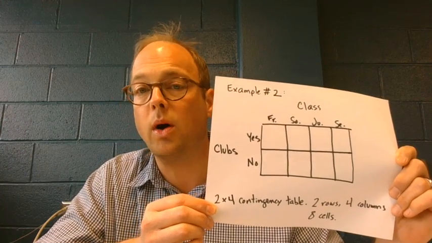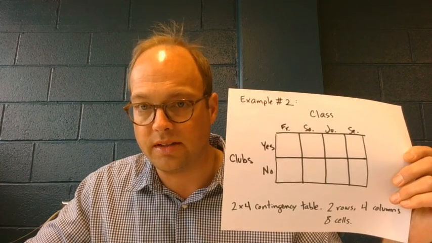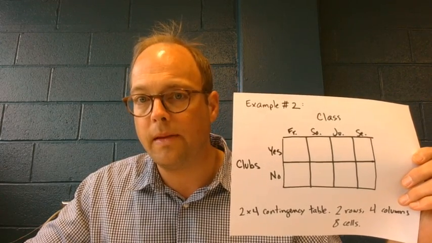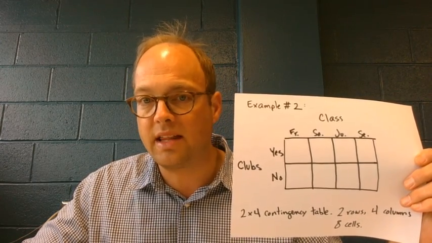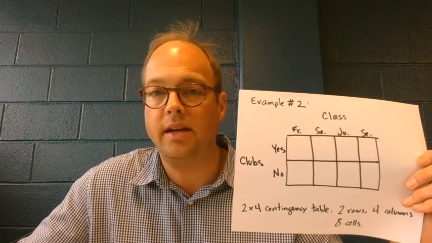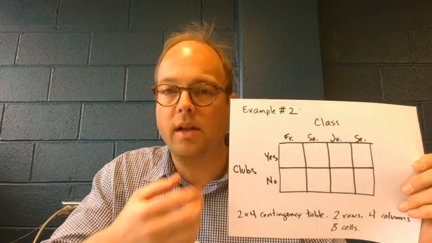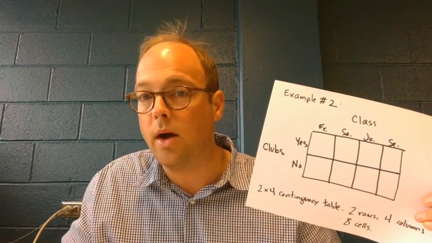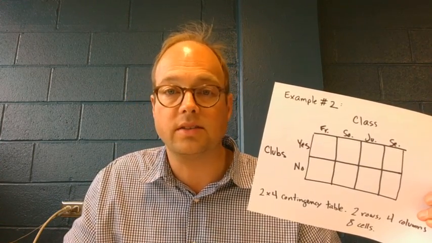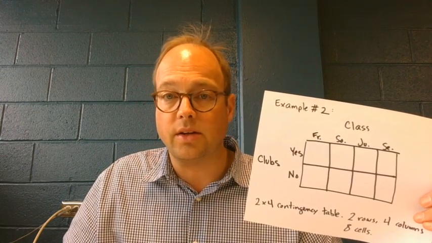Now, in case you were wondering, it doesn't really matter how you set up your contingency table at this point. If we had another stats class like Stats 2 after this semester, we would get into some of the nitty-gritty about where you should put which variable if you have a situation where one variable is clearly considered an independent variable and the other variable is clearly considered a dependent variable.